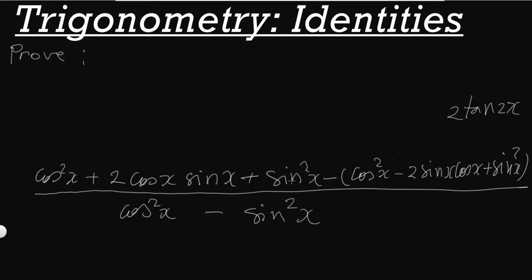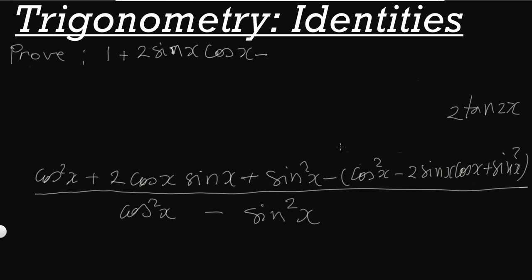Remember the identity that we did in the first part of the video: cos squared plus sin squared is equal to 1. And then we have 2 cos x sin x, it's the same thing, okay? We can exchange here, there is no problem.